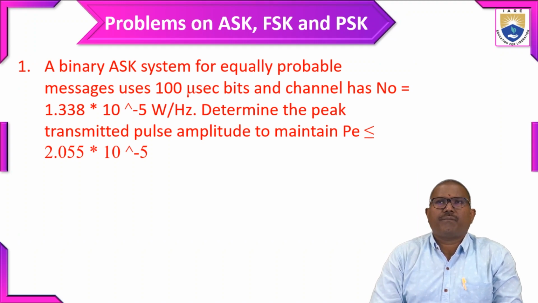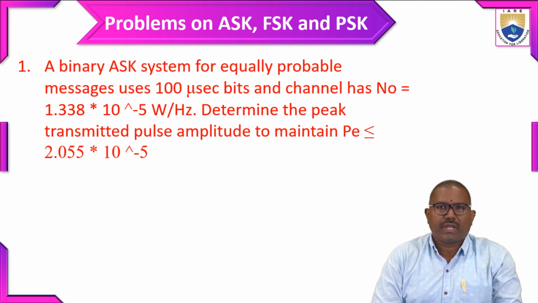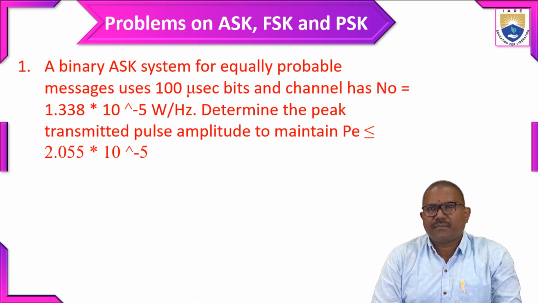Coming to the first problem: a binary ASK system for equally probable messages using 100 microseconds, and the channel has N naught 1.338 into 10 power minus 5 watts per hertz.